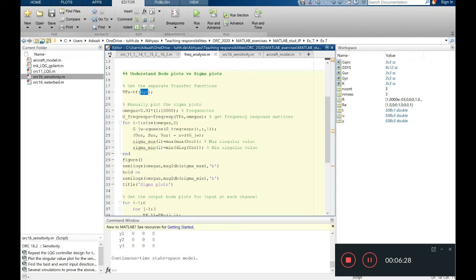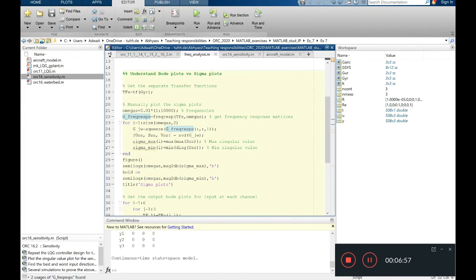And now, in spite of having the command sigma, in order to just understand sigma plots better, we do this manually here. So I grid the frequency axis omegas from 0.01 to 100, and at each frequency I get G of j omega here, which are the frequency response matrices.